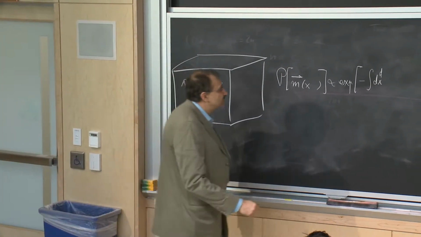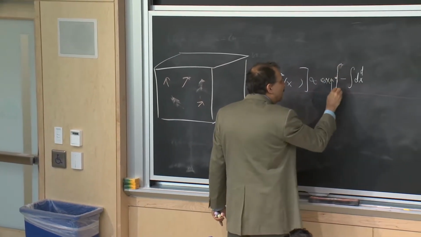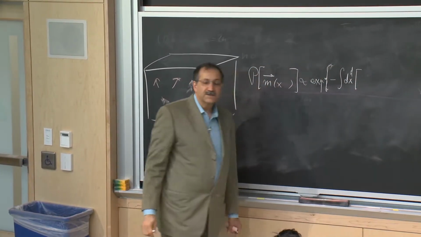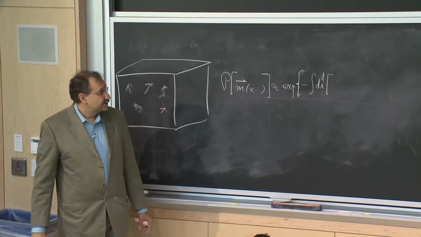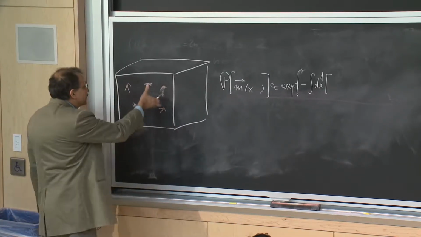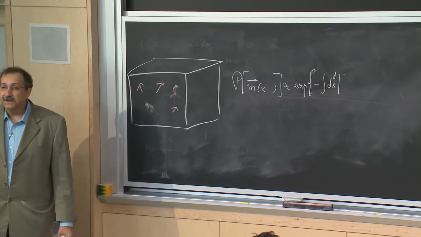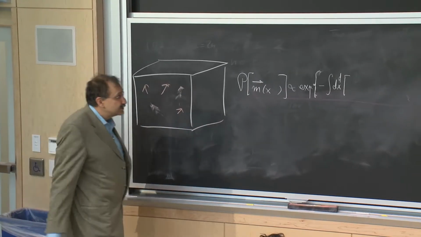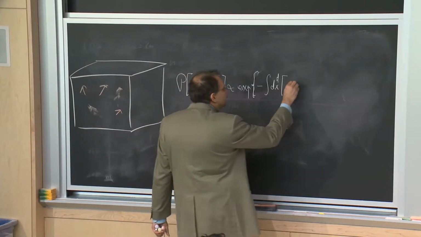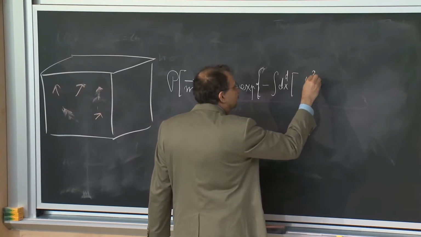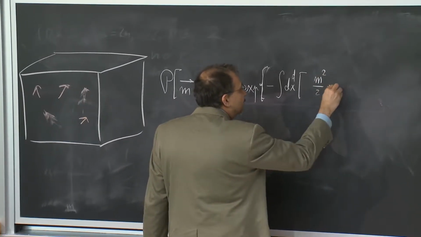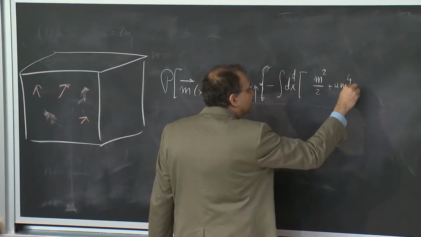And then we would put within this all kinds of things that are consistent with the symmetries of the problem. So if, for example, this is a field that is invariant under rotations, we would be having terms such as m squared, m to the fourth, and so forth.